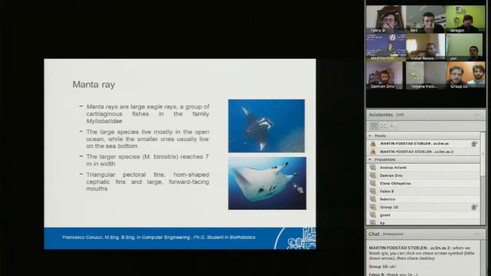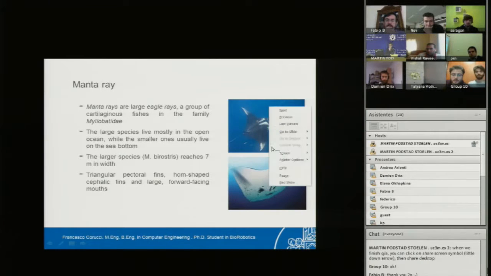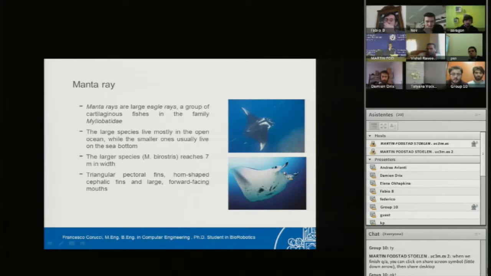A particularity of this kind of animal is that they have two triangular pectoral fins that are used to actuate this cartilaginous morphology.